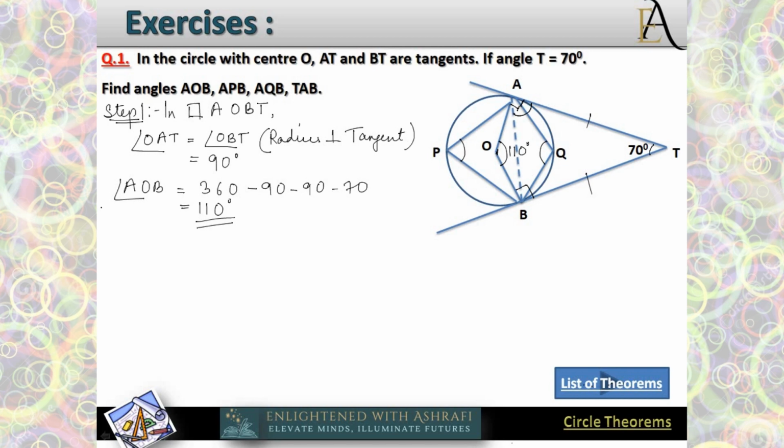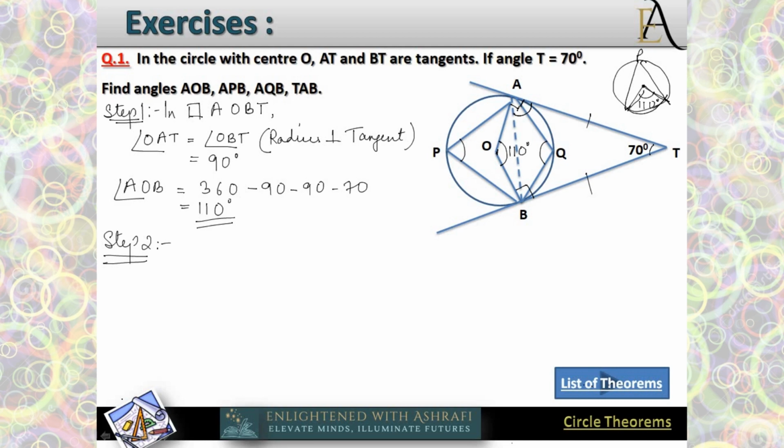Now we can see over here, step 2. We have the circle. This is what we found out, that was 110 degrees, and also we have P over here, which is on the circumference and which is having the common arc as 110.